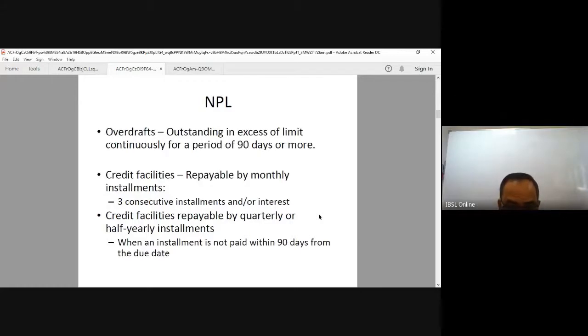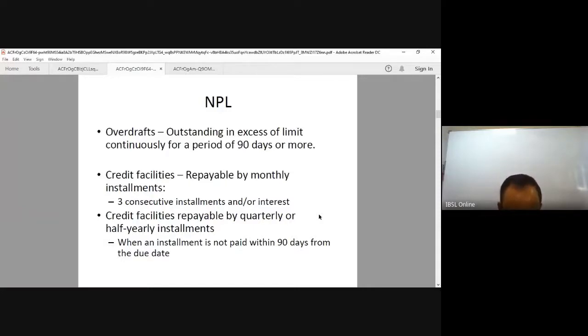Like the credit facilities, if the repayment arrangement is monthly, then 3 consecutive installments not paid means with the third one, that's about the 90th day. On the 90th day it becomes a special mention account. If you have an arrangement to pay quarterly or a bullet payment, it is from the point of due date.